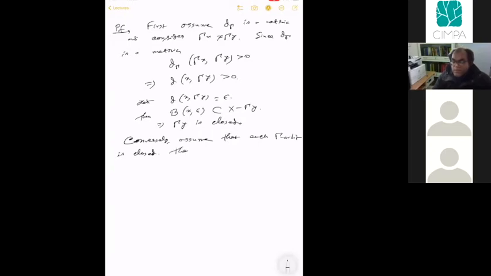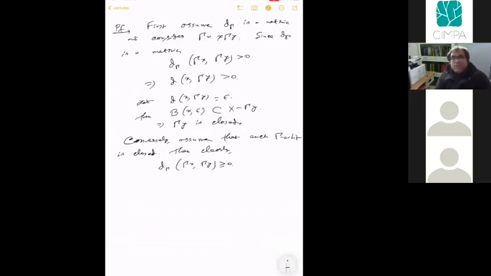Then clearly d gamma of (gamma x, gamma y) is greater than or equal to 0.